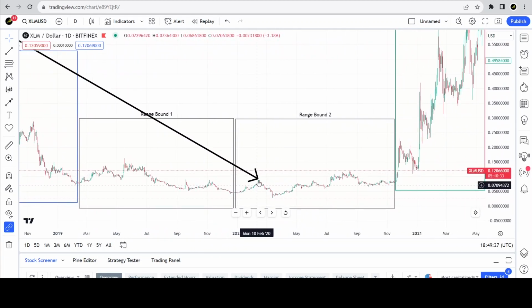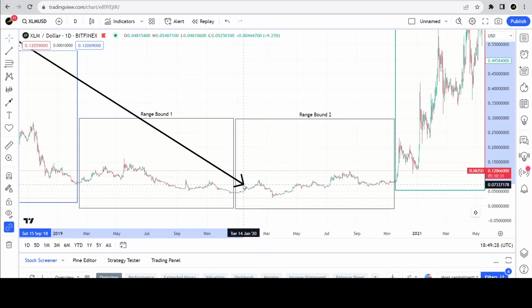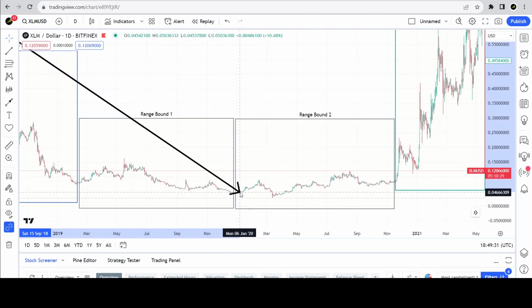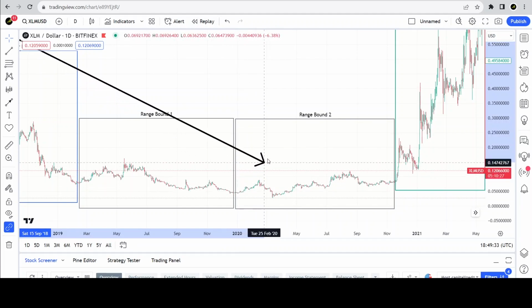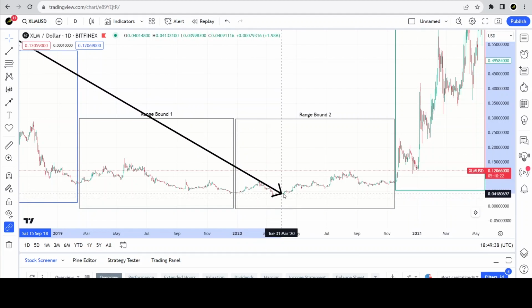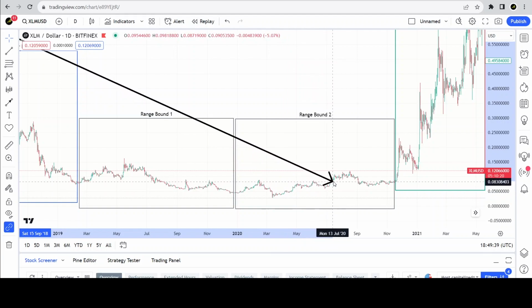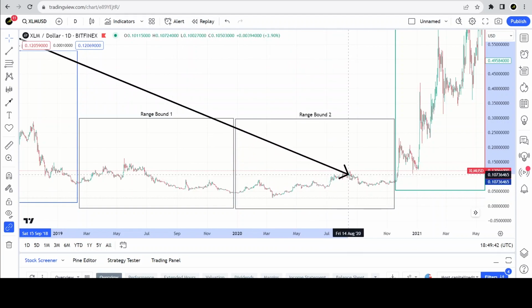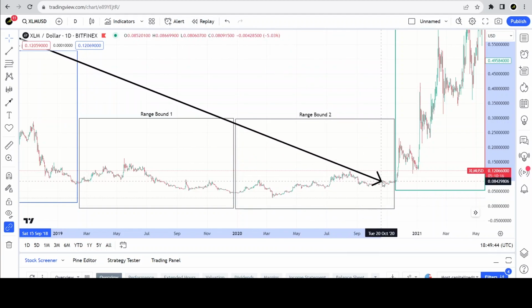After that, it moves into the next fractal of the range-bound time, and it begins this with a move back up, forming a peak, and then this slow grind of a move back up to a peak, and then it declines.